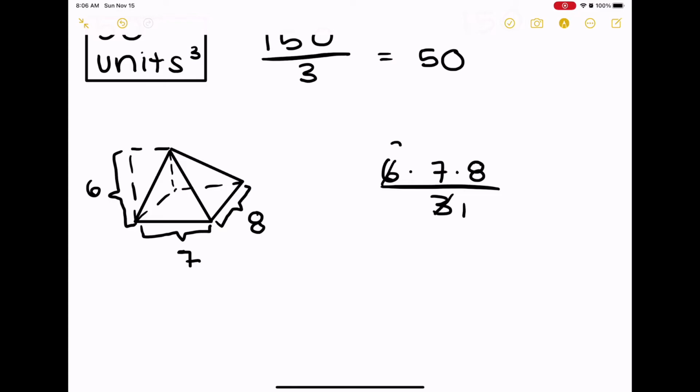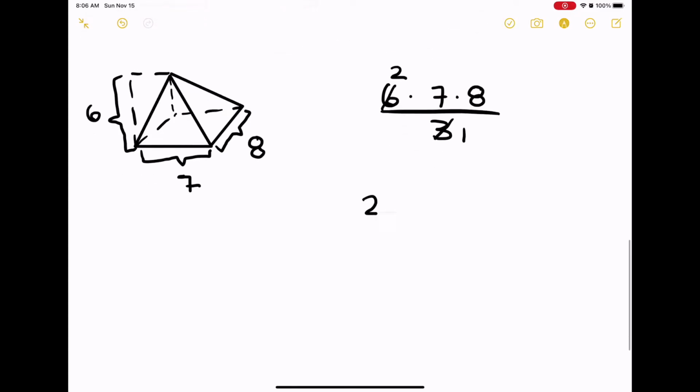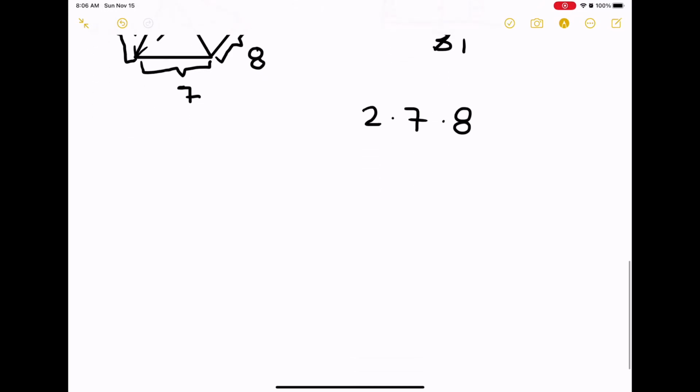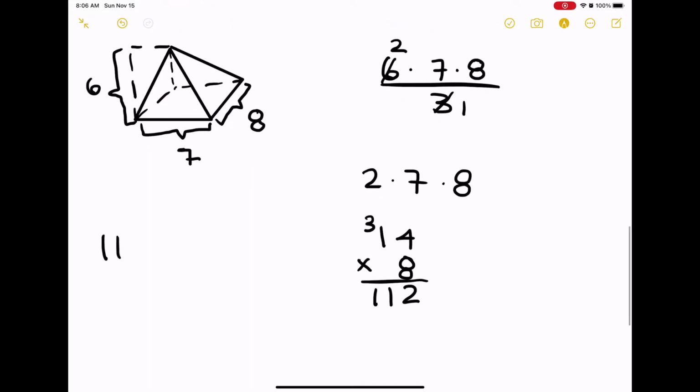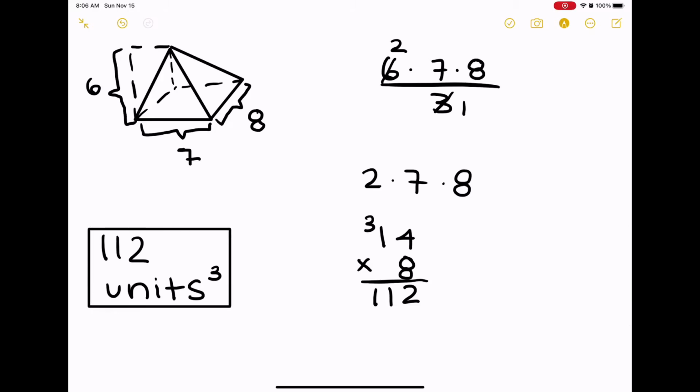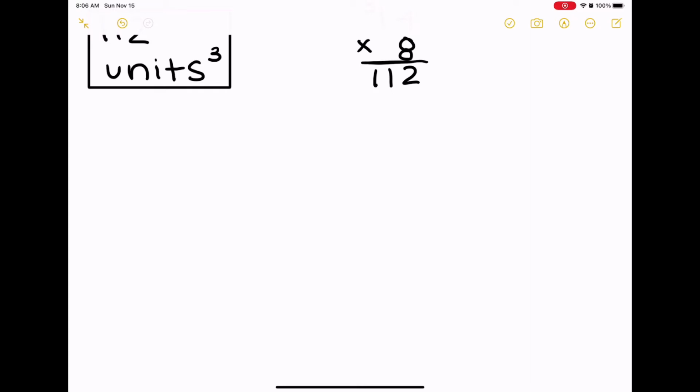We can cross out the 6 and the 3 and divide each of them by 3. If this doesn't make sense, and you don't understand how I'm doing this, just stick with multiplying and then dividing. But if you understand what I mean, this will probably help you a lot more when you're just trying to simplify. So in this case, the answer is 112 units cubed.